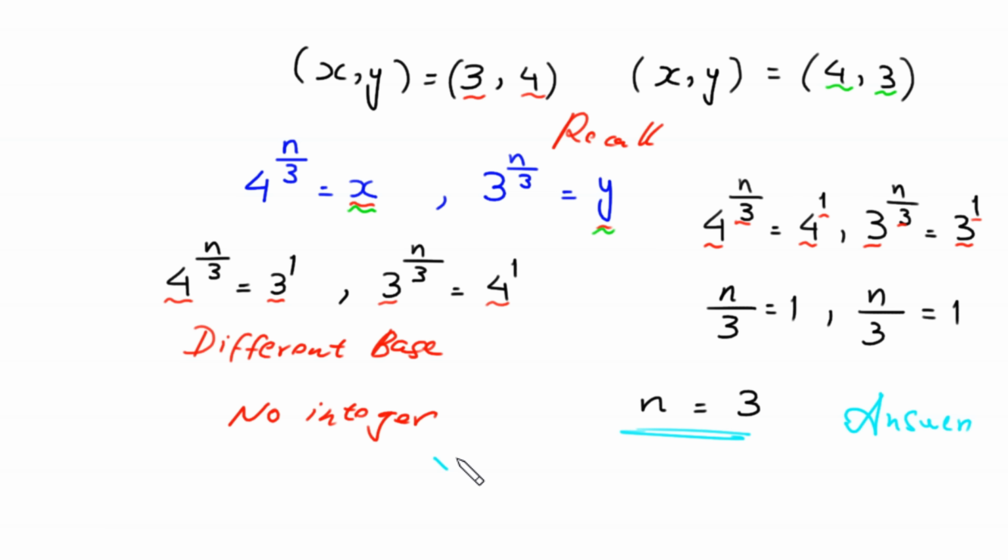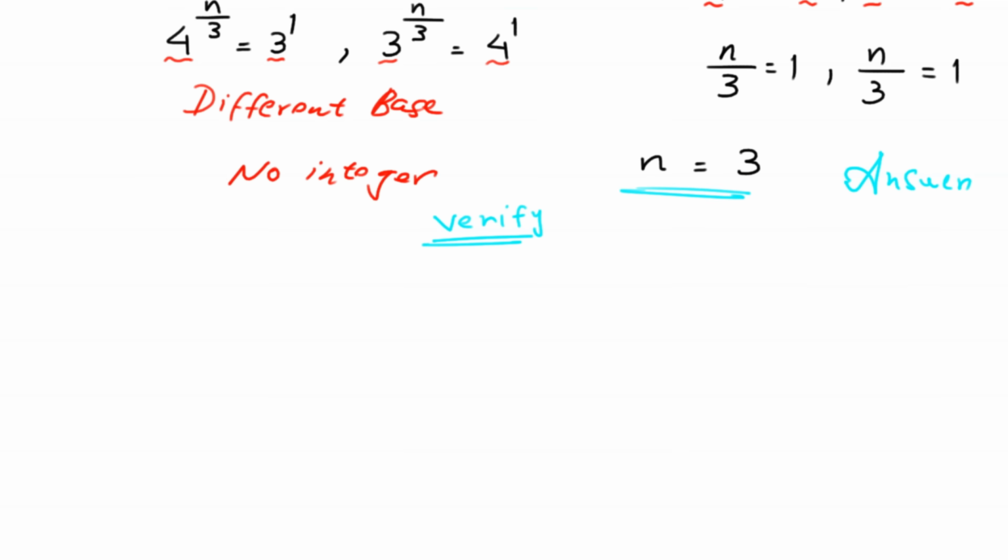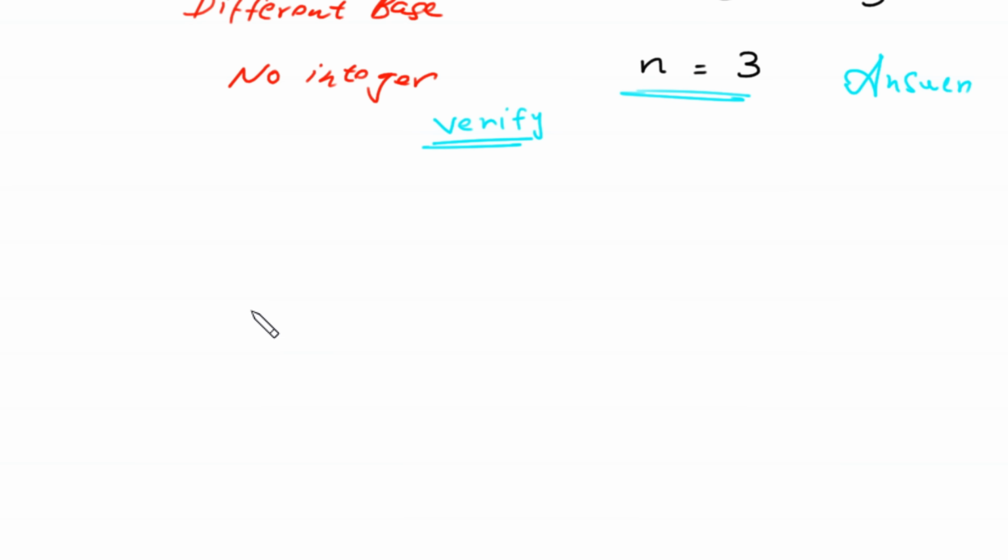Now let's verify this value of n by putting this value in the original equation. The original equation is 4 to the power n plus 3 to the power n is equal to 91.